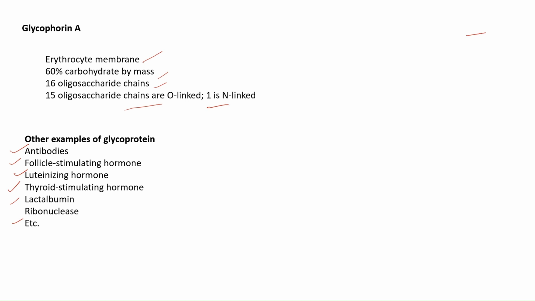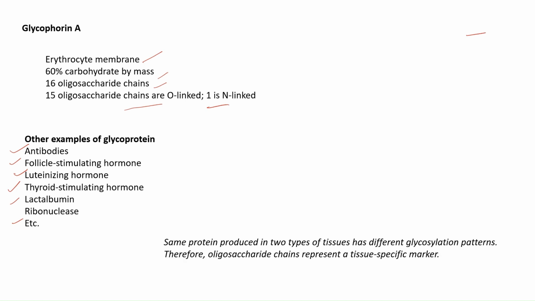Now the same protein, if it is found in two different types of tissues, the pattern of glycosylation will be different. Suppose there is only one protein, protein 1. This protein is found in some A tissue and the same protein is found in some B tissue. In both cases, the glycosylation pattern, the carbohydrate which is attached to it, will be different.